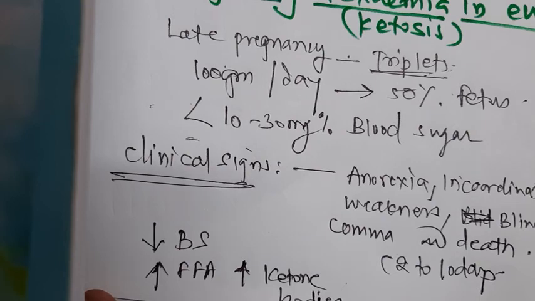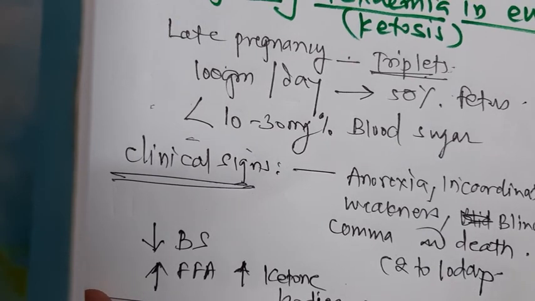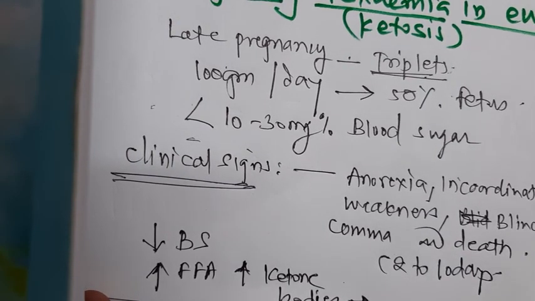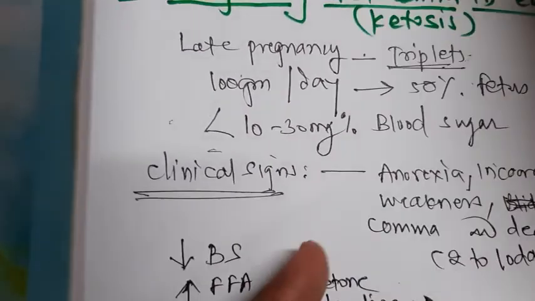The plane of nutrition during the last term of pregnancy is very important. Treatment with propylene glycol, a precursor for glucose, or corn syrup is recommended. You can check the blood sugar level and recommend treatment. So this is about pregnancy toxemia.